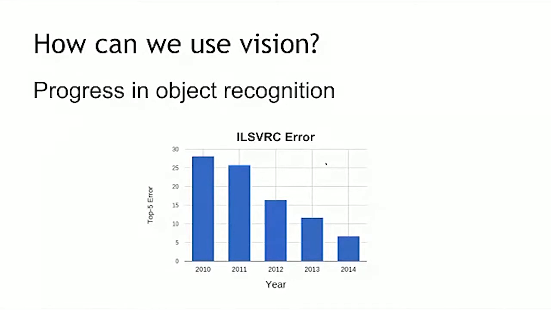And every year you see the error rates have been drastically decreasing. And in 2015, these algorithms started to be better than human performance, better than human error rates. So on the y-axis here is the error rate of these algorithms.